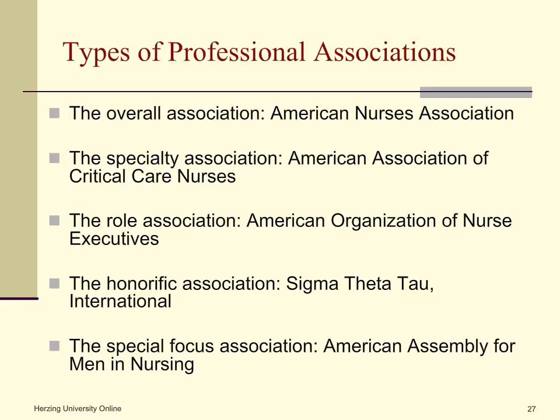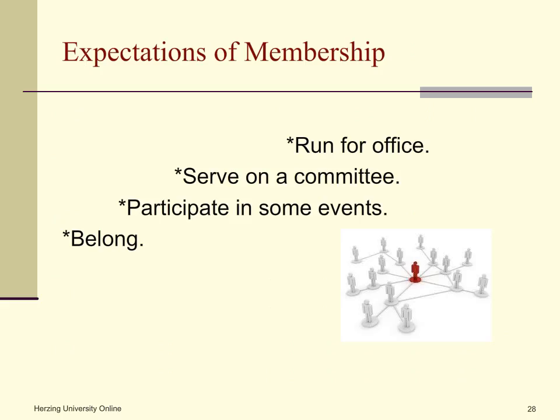The fourth type is the honor association, such as Sigma Theta Tau International, where certain standards must be met to be invited to join. The last type is a specific focus association. This might be gender or ethnicity based, or it might be an alum association.